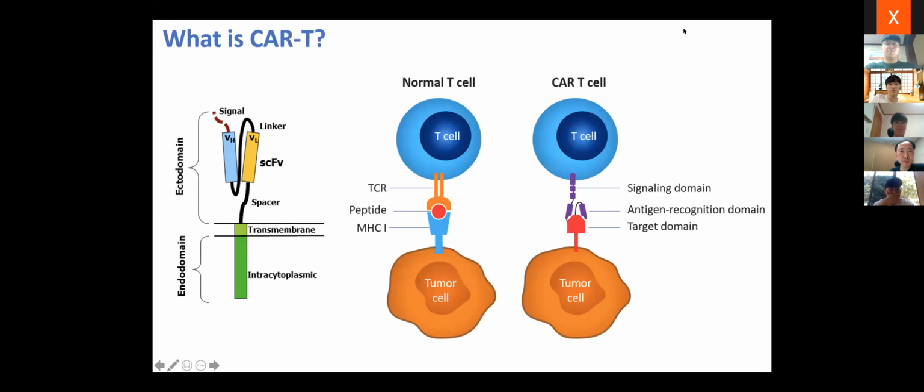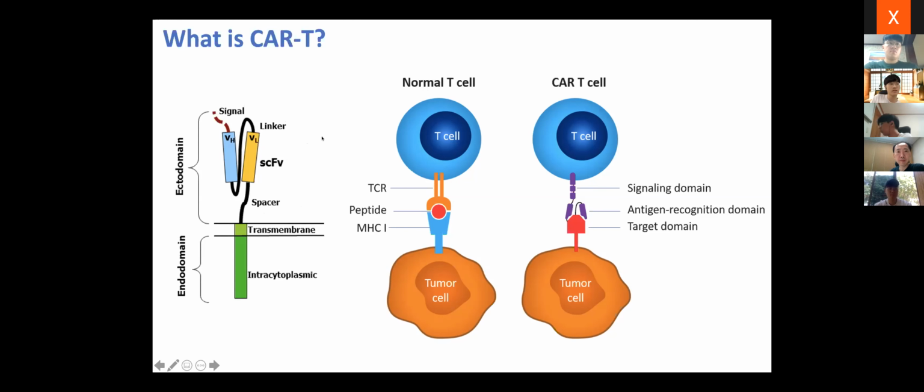We have talked about the various mechanisms of it. First, you could see that the TCR of the normal T cell usually binds with the MHC class 1 of the tumor cell, which presents an antigen. However, in CAR T, the ectodomain, the domain that is facing out of the cell's membrane, is changed by a single chain variable fragment, the scFv.